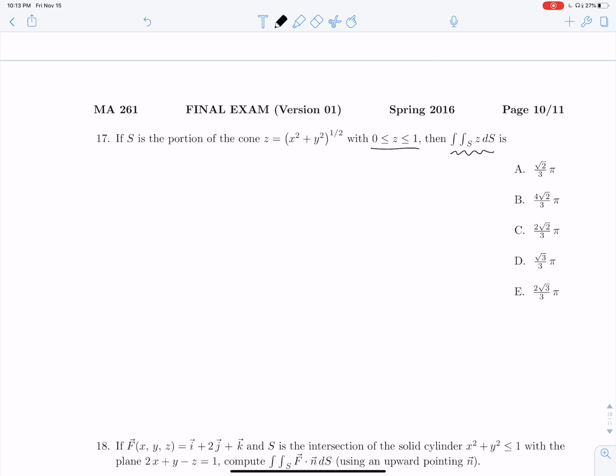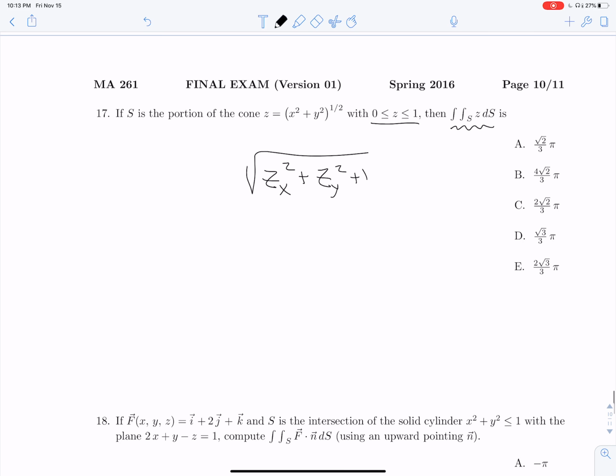We know that for this kind of surface integral, dS will just be replaced with the square root of z_x squared plus z_y squared plus 1. And so we can compute that. z_x is going to be x over root x squared plus y squared, whereas z_y is going to be y over root x squared plus y squared.